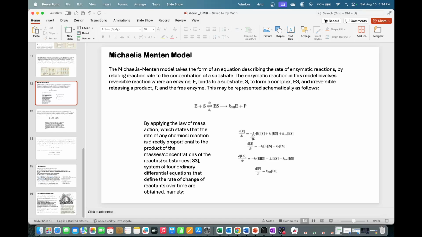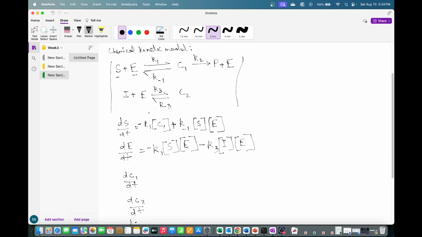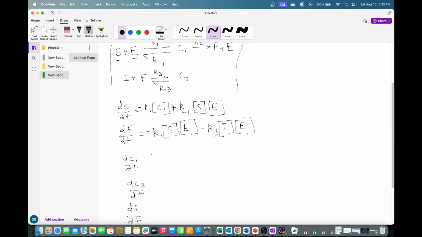So it's the same thing, minus Kf into ES, and I have written the same thing here, minus K1 into S into E, right? So when a substrate is getting used up, it is dependent on the concentration of all the substrates in the reaction along with the rate of the reaction. If it is used up, it will be minus. If it is getting produced, it will be plus. It's the same thing I have done here.